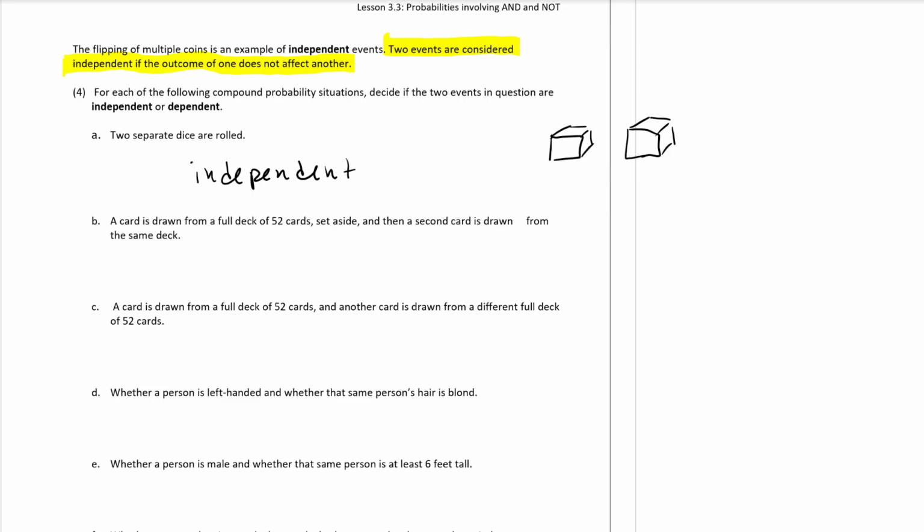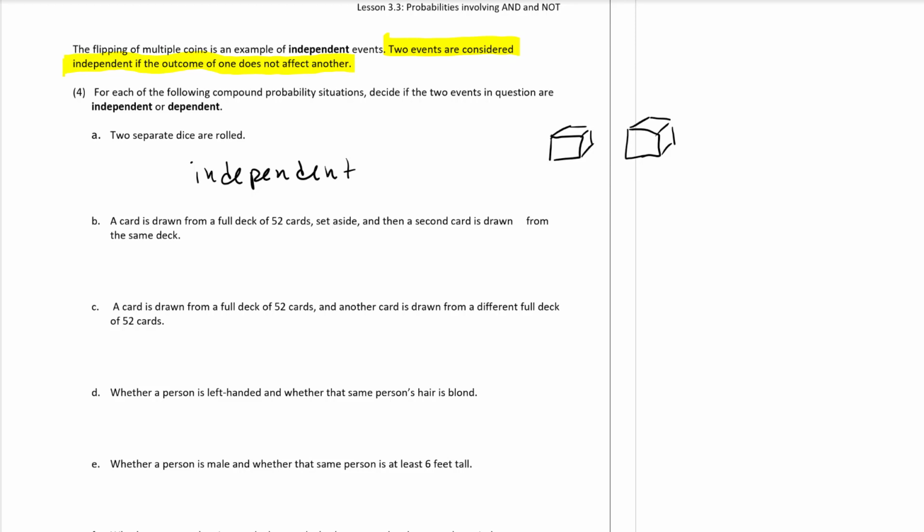How about the deck of cards? We've seen the deck of cards last class. If you take a card from a deck, you set it aside, and then you take a second card from a smaller deck because one card has already been taken out, does the outcome the second time around change based on the fact that you got some other card at first?